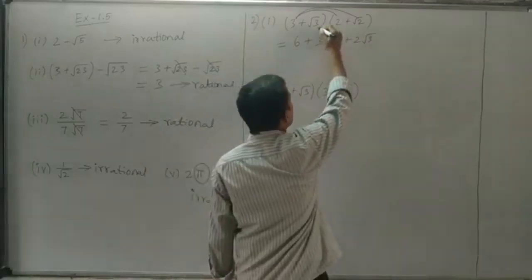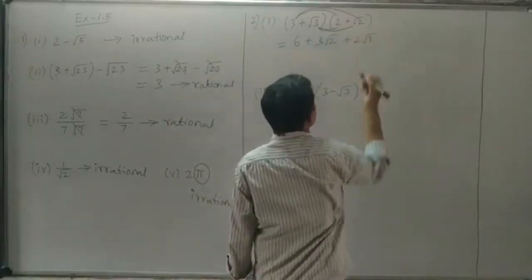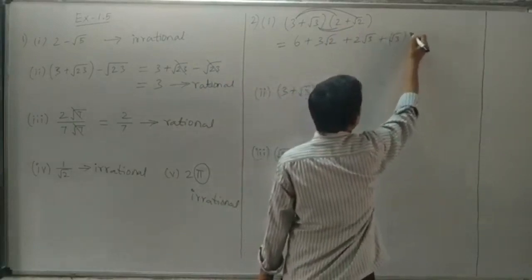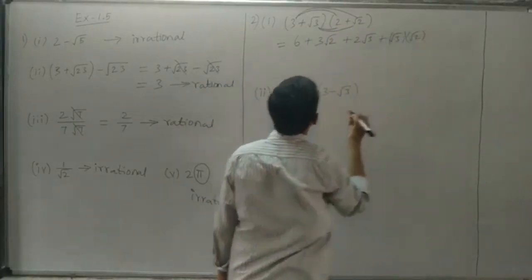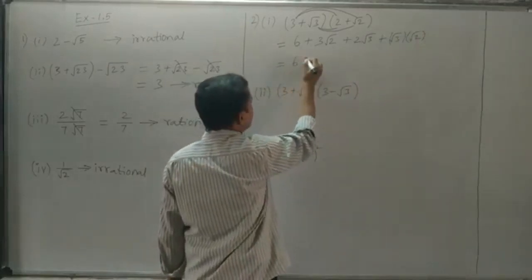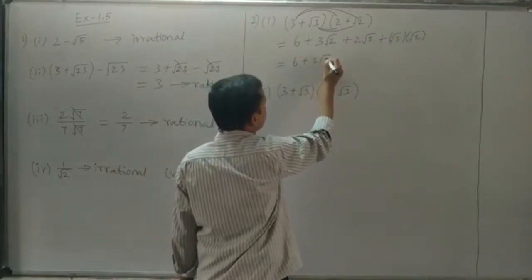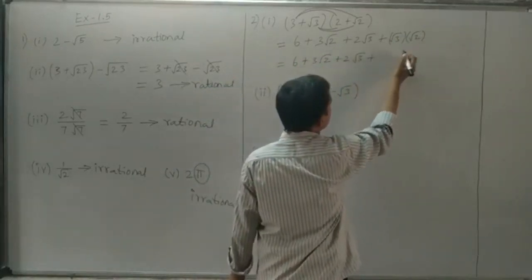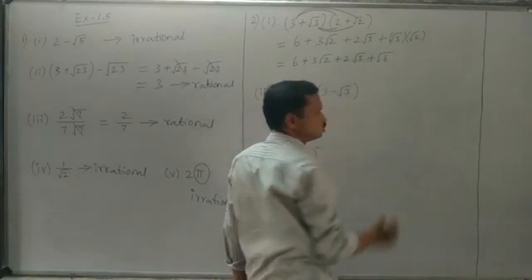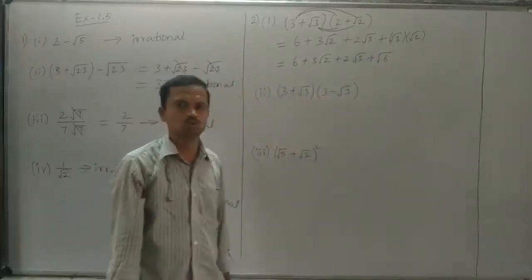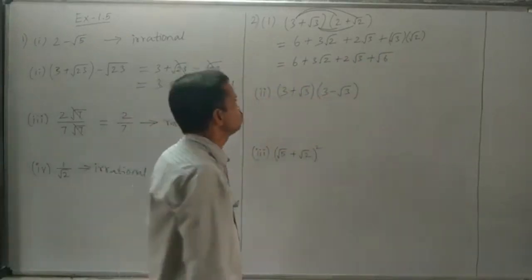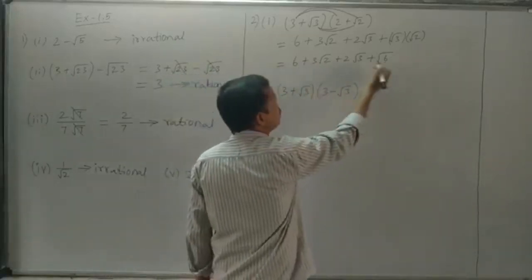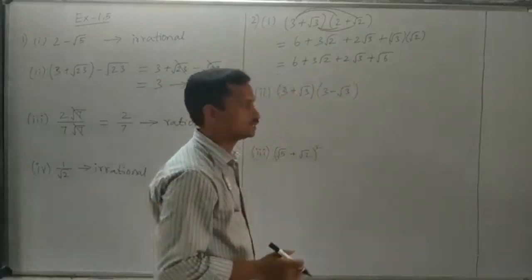And then again root 3 into root 2. You can write this as 6 plus 3 root 2 plus 2 root 3 plus root 6. Root 3 into root 2 you can write as root 6. So further we cannot simplify, because here it is 6 but here root 6, we cannot add that.